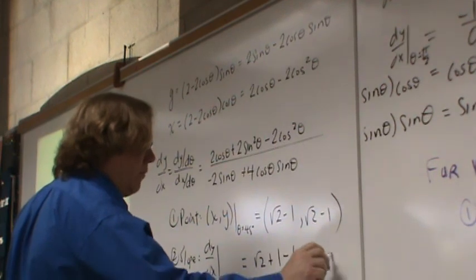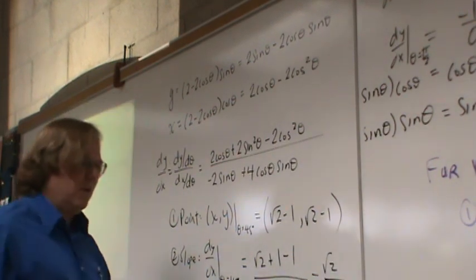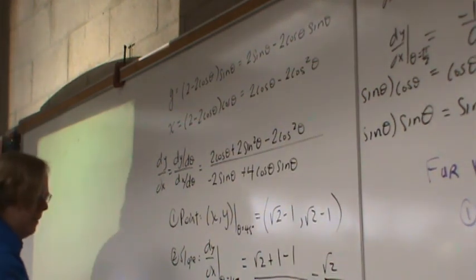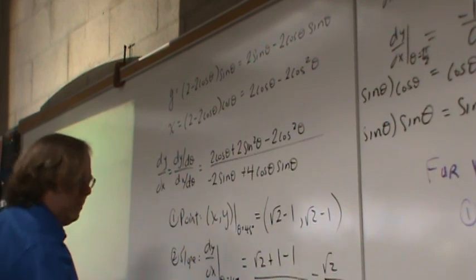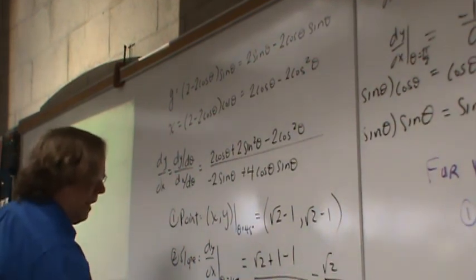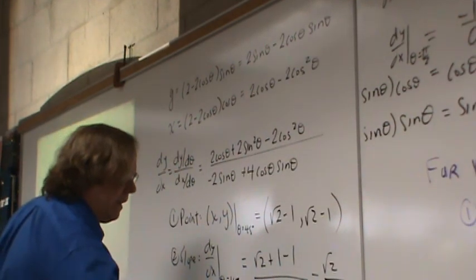So I end up with radical 2 over negative radical 2 plus 2. Here it comes: y minus radical 2 minus 1 equals radical 2 over negative radical 2 plus 2 times x minus radical 2 minus 1.